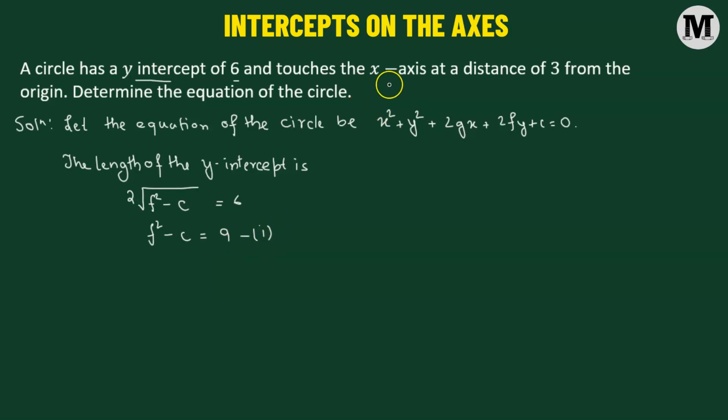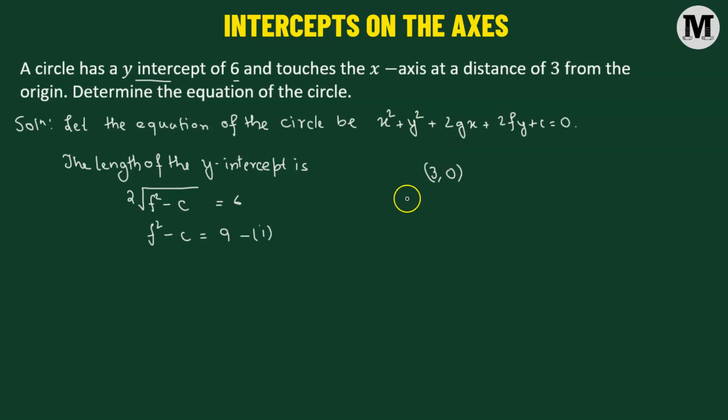And it's given that the circle touches the x-axis at a distance of 3 from the origin. So if the circle is touching the x-axis at the point (3, 0), then the point (3, 0) is going to lie on the circle. We can rewrite the general equation of the circle by replacing x with 3 and y with 0.